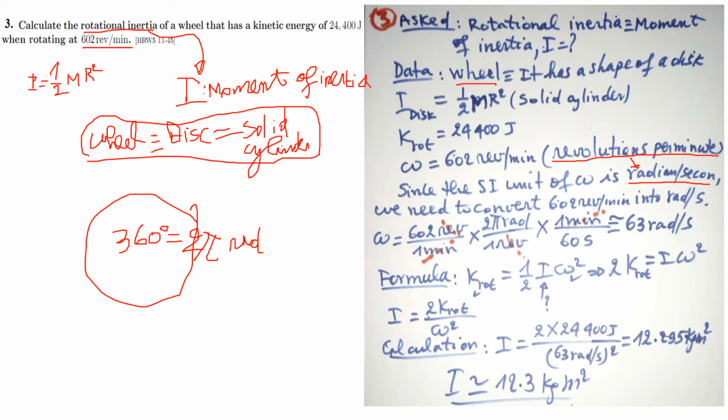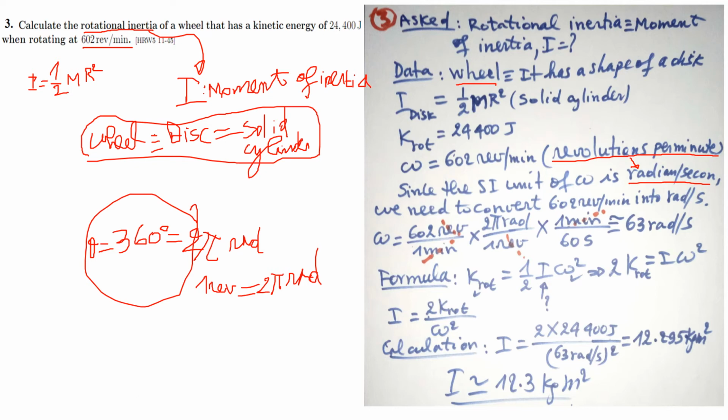If the body makes a complete circle, it moves an angle theta, which is equal to 360 degrees, which is equal to 2 pi radians. This means that one complete revolution is equal to 2 pi radians. It's the reason why we say that an equivalence of 1 revolution is equal to 2 pi radians.